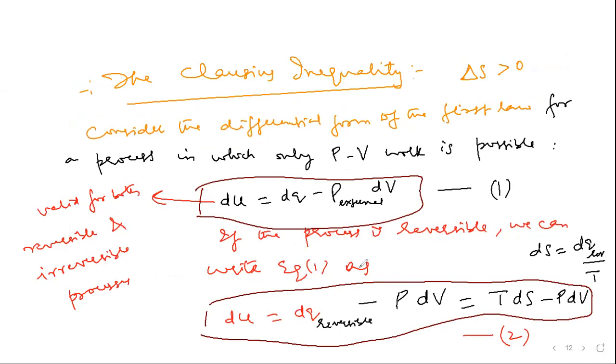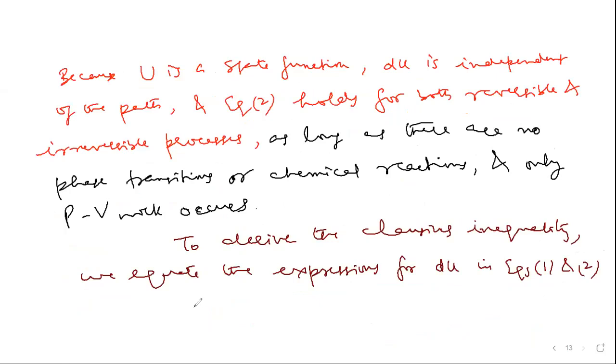When you do that, I will do it directly, you can check it. You will get dq reversible minus dq is equal to p minus p external times dV.